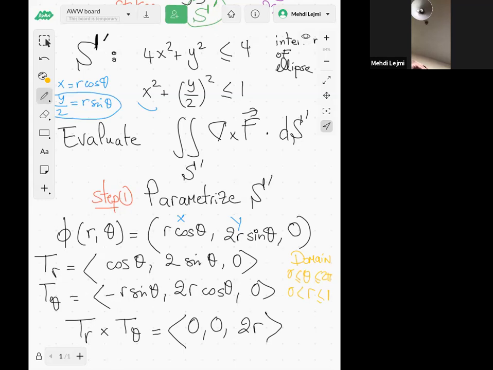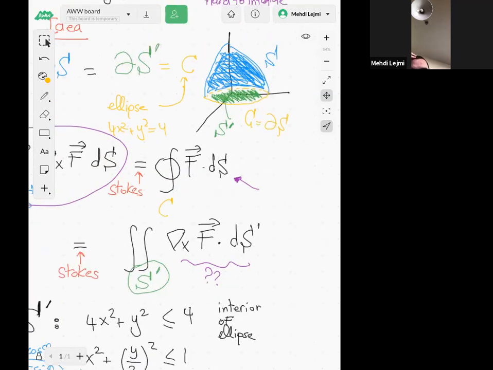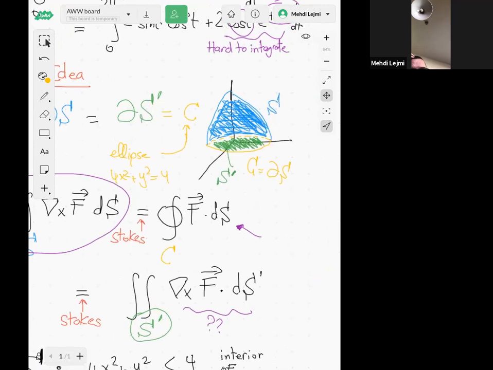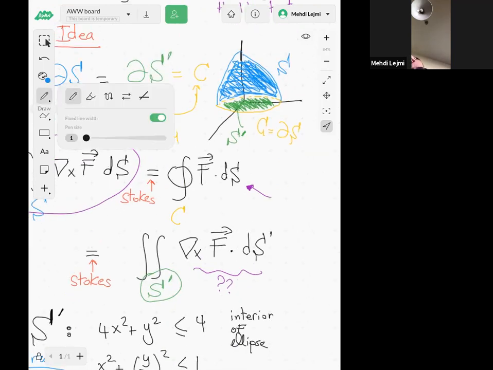Anyway, for this normal vector we also have to make sure we have a consistent orientation. Remember, the orientation of S was given by the normal with non-negative K component.